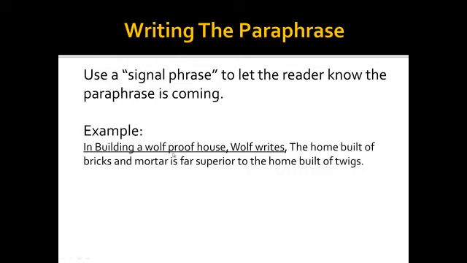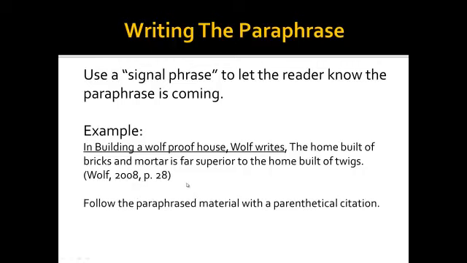In building a wolf-proof house, Wolf writes, "The home built of bricks and mortar is far superior to a home built of twigs." Now, the author is giving acknowledgement that somebody else wrote this. Wolf wrote it. And he's going to follow this up with a citation. Wolf, 2008, page 28.